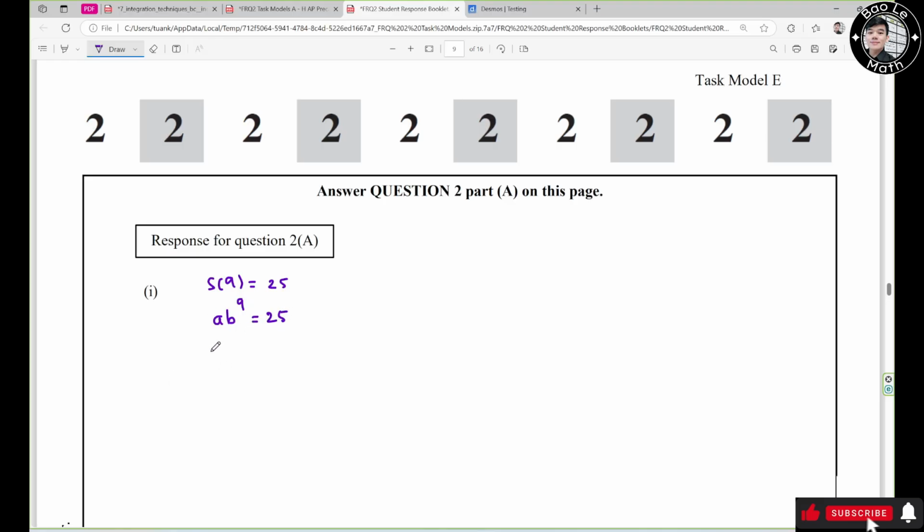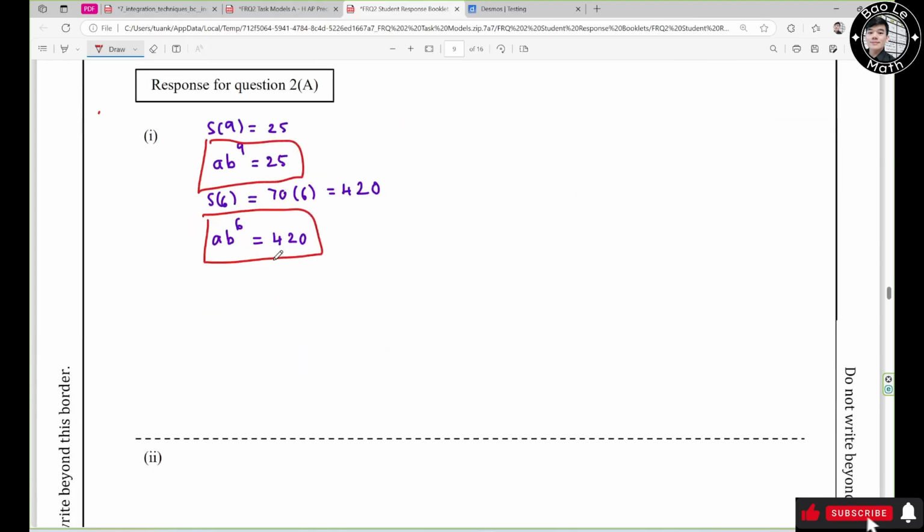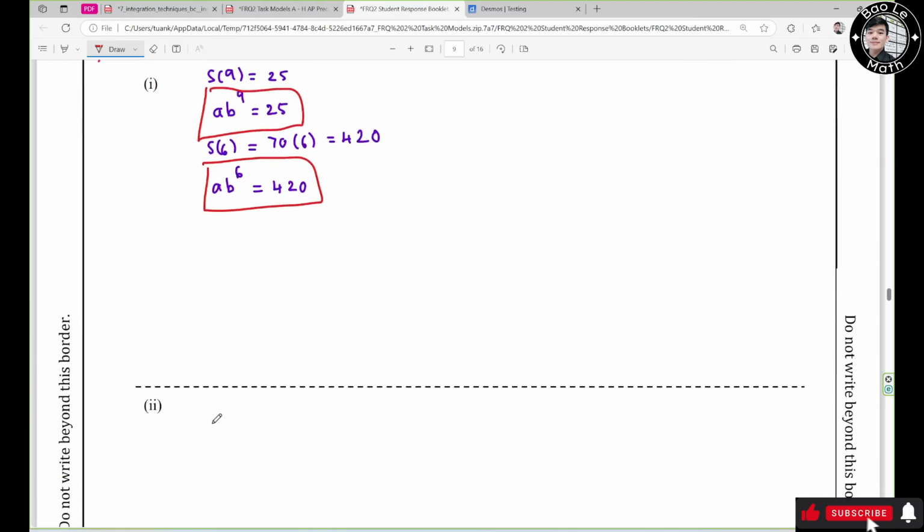Now the second equation, I have S of 6. So I'm going to substitute 6 for t into the first equation. I have 70 times 6, which is 420. So I'm going to use this one to write the second equation, which is a times b to the power of 6 equals 420. So I have two equations right here. Now I need to use these two equations to solve for a and b. Now I'm going to take the first equation divided by the second equation.